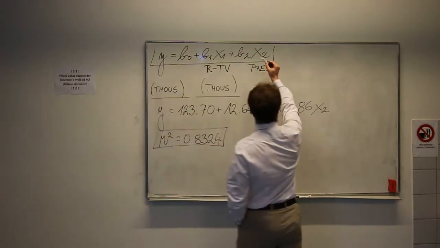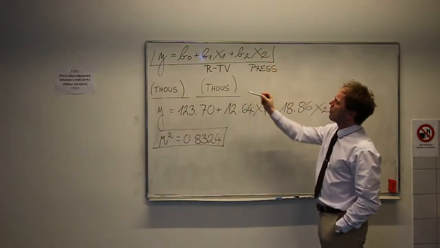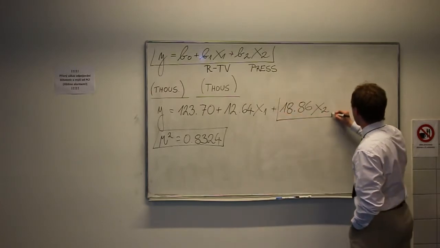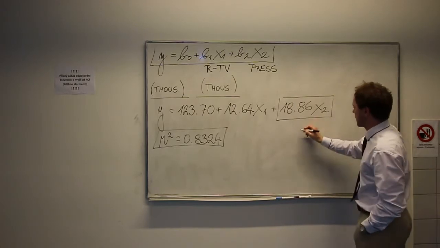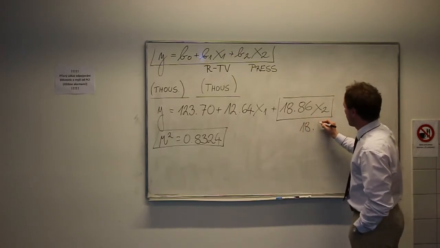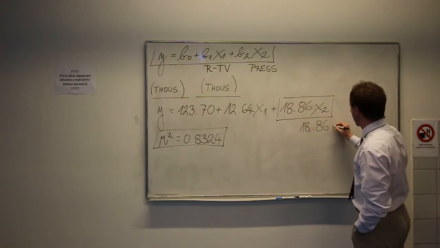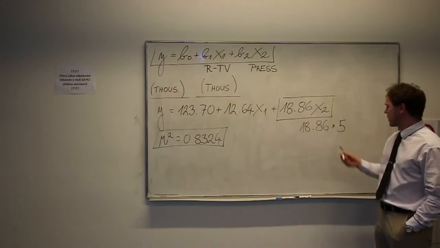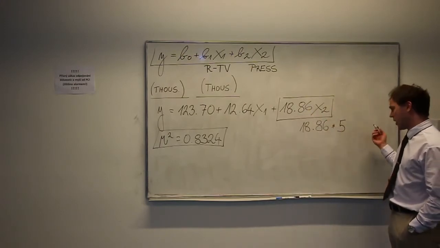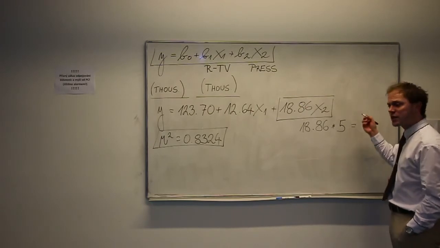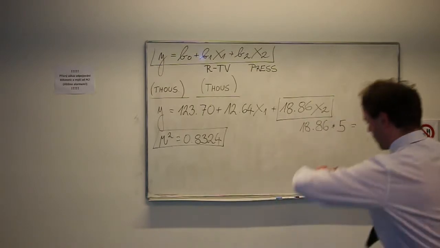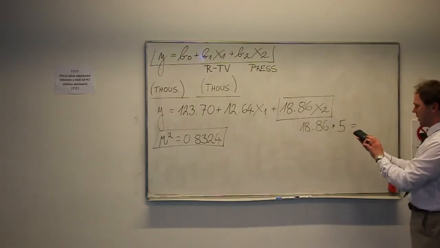The units are already in thousands, so we will calculate 18.86 times 5. I will use calculator.